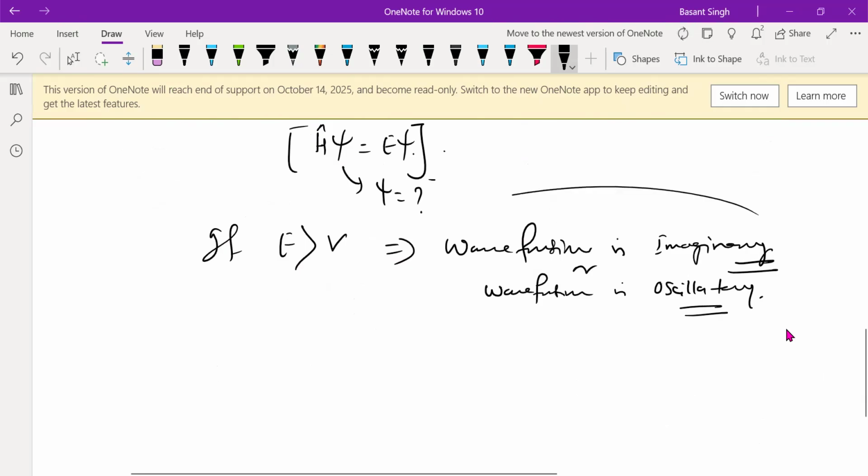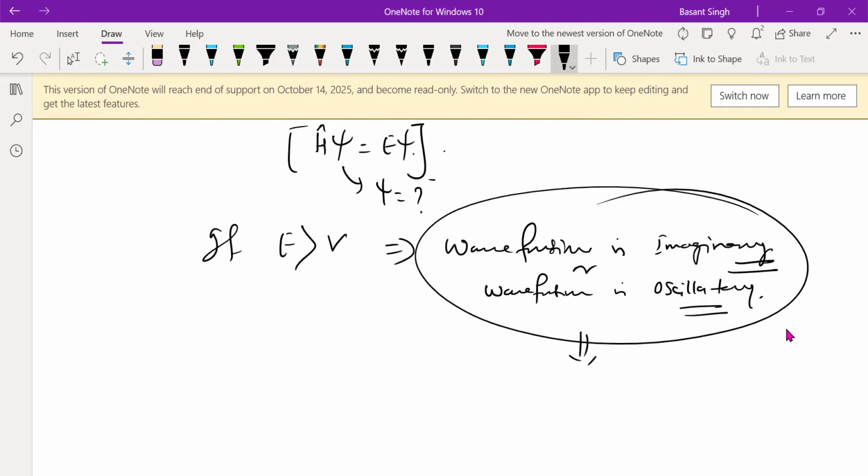And this oscillatory wave function is written by the equation: some constant A, e to the power i k1 x, plus B e to the power minus i k1 x. You can take the negative sign also, but A and B can be positive or negative.